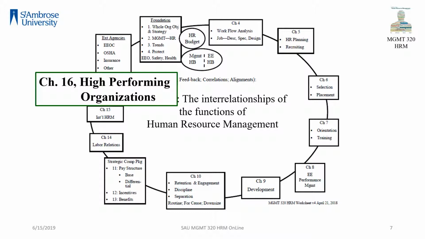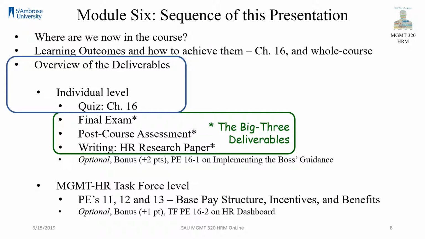We can do that through the management handbook. So again, we're looking at our interrelated functions of management and how we can support the organization from the individual level. To support our learning objectives, we have our readings and quiz for Chapter 16.